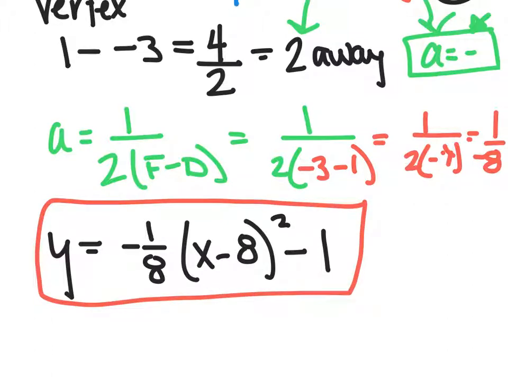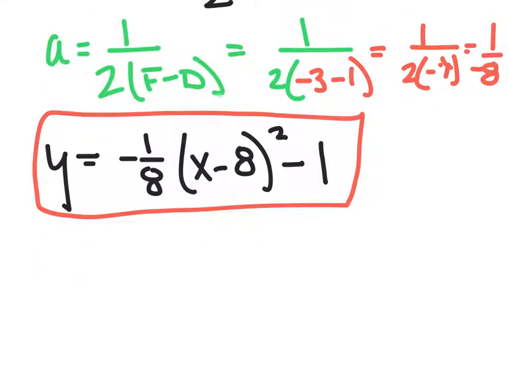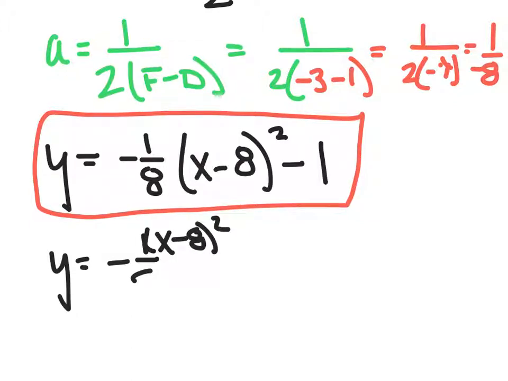Okay, so again, I'm going to rewrite it one more way. I could technically put this stuff over 1 and multiply the tops. So I could say it's y equals negative 1 times (x minus 8) squared all over 8, and then minus 1. Again, they could FOIL this out and divide by 8 and add 1.